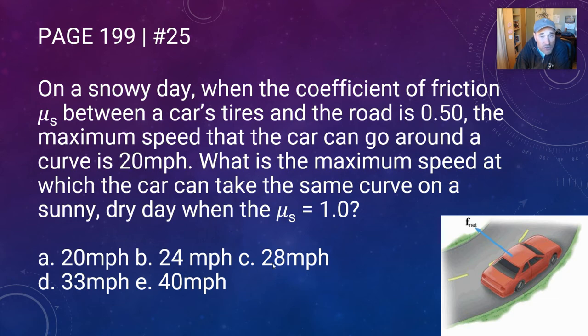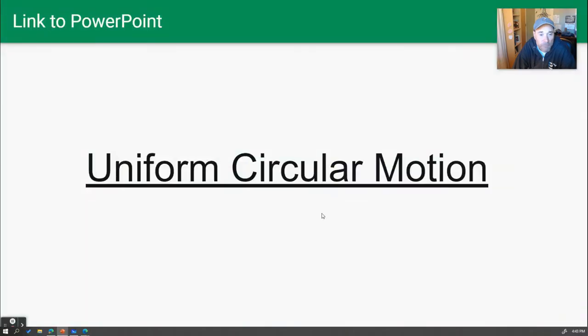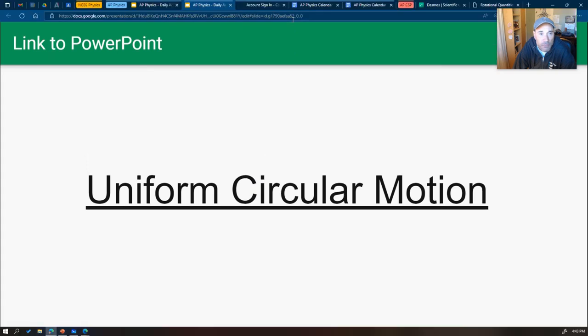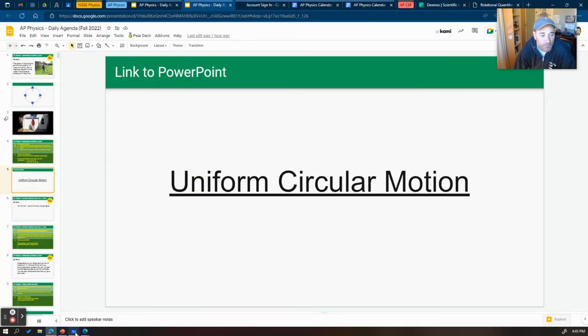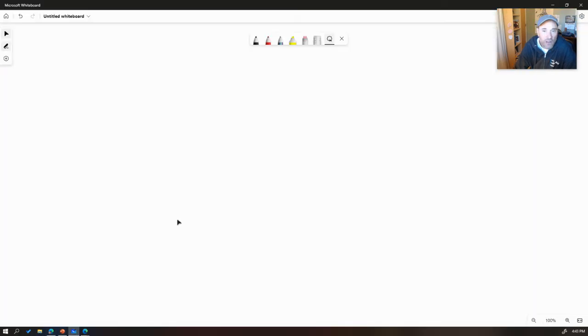I've got some choices here to choose from, but I'm going to flip across to a different program to help me draw some things down. This is a whiteboard that I can draw on, and I'll do my best to make sense of this. So I've got this car that's traveling around a corner. Oops, let me grab my right pen. The car is traveling around a corner, and its maximum speed around the corner is 20 miles per hour.